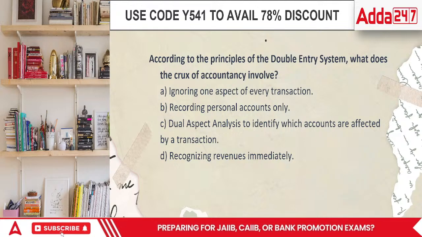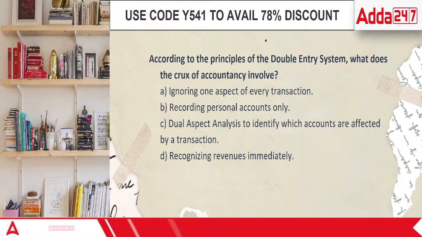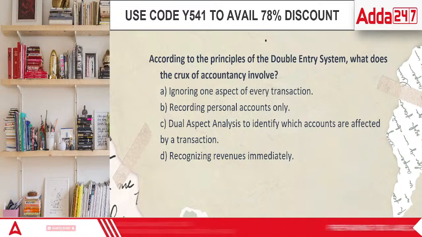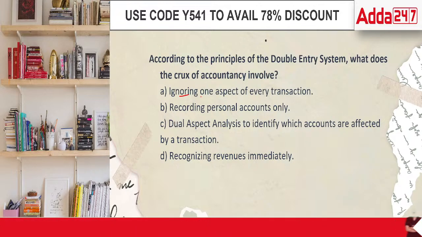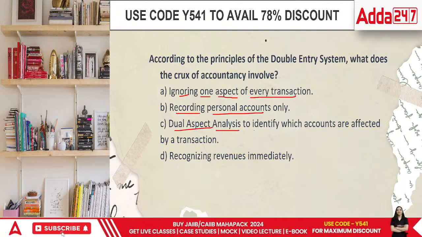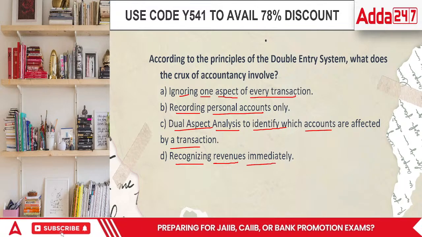The options are ignoring one aspect of every transaction, recording personal accounts only, dual aspect analysis to identify which accounts are affected by the transaction, and recognizing revenues immediately.